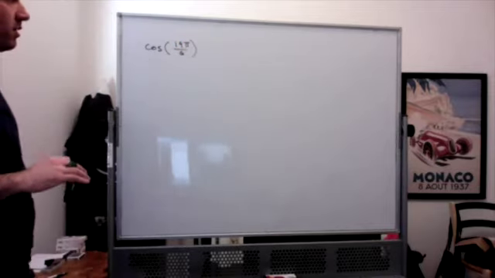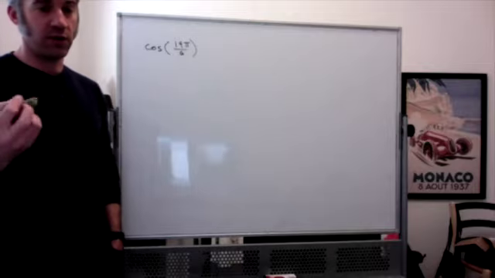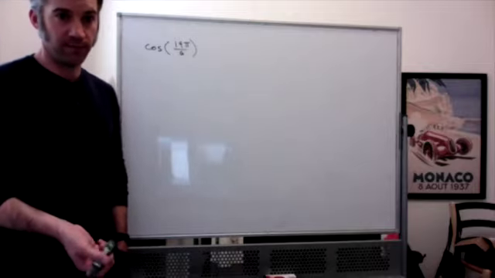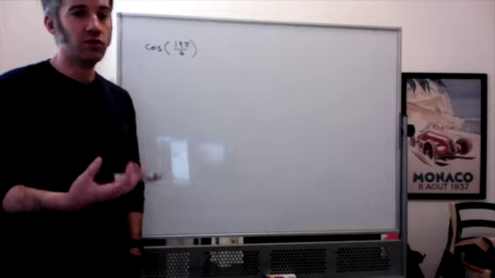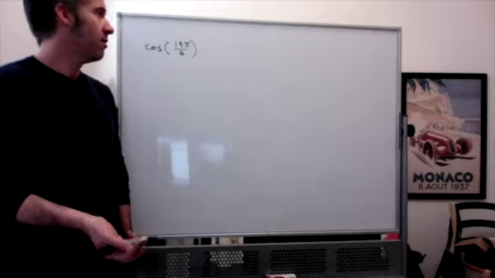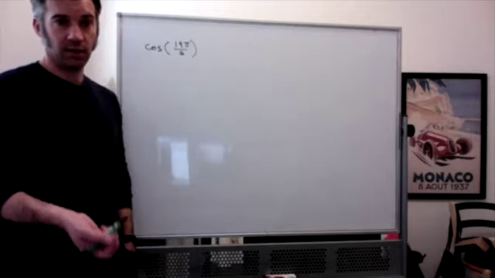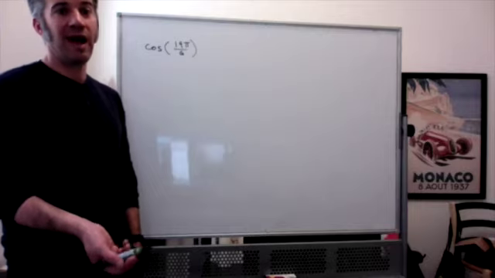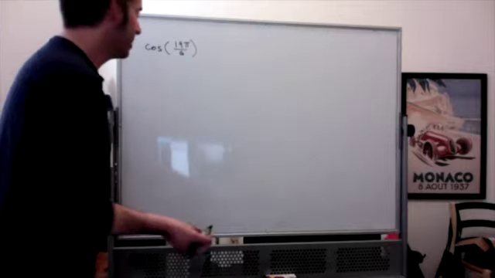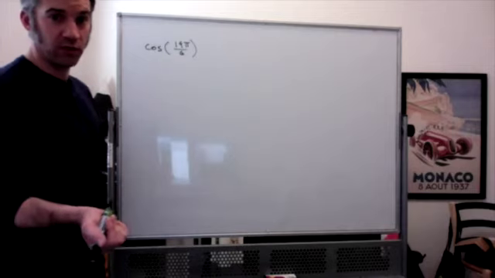The thing about this is you have to figure out what quadrant you're in. There are numerous ways to do this. Maybe the easiest way to think about this is to first deal with how many revolutions you've gone around, because 19 pi over 6 is more than one full revolution.